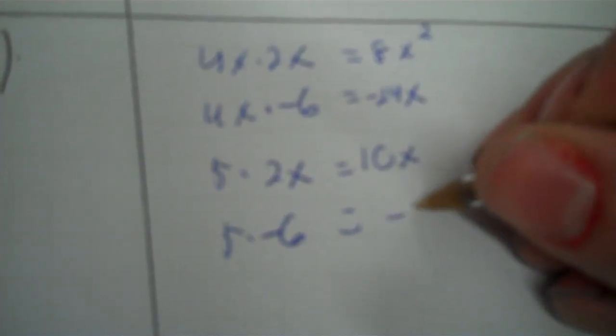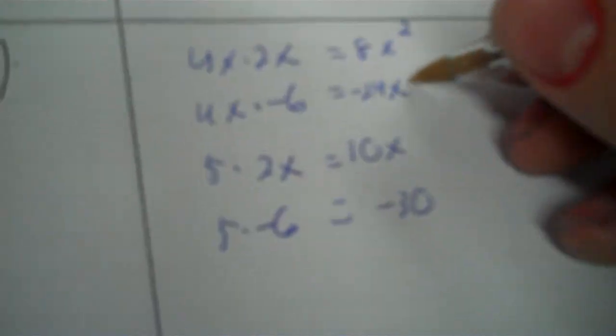So x times x, x second, 4 times 2 is 8. Then x, negative 24, then x, 10, then negative 30. So you have x second, x, constant, so 8 is the x second. Negative 24 plus 10 is negative 14, and then negative 30.